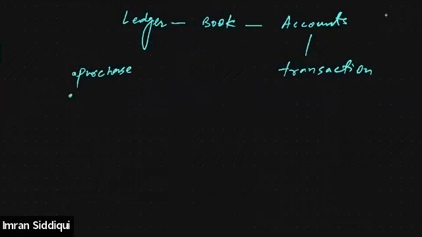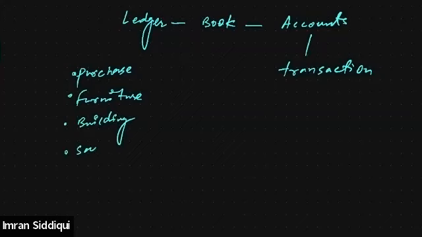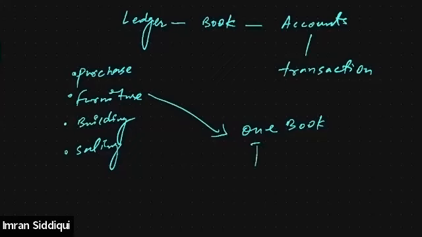We have bought furniture. We might be selling or buying buildings during the accounting year. We must be selling goods. So what do we do in case of journal entry? We record all these transactions at one place only, one book, which is called journal.